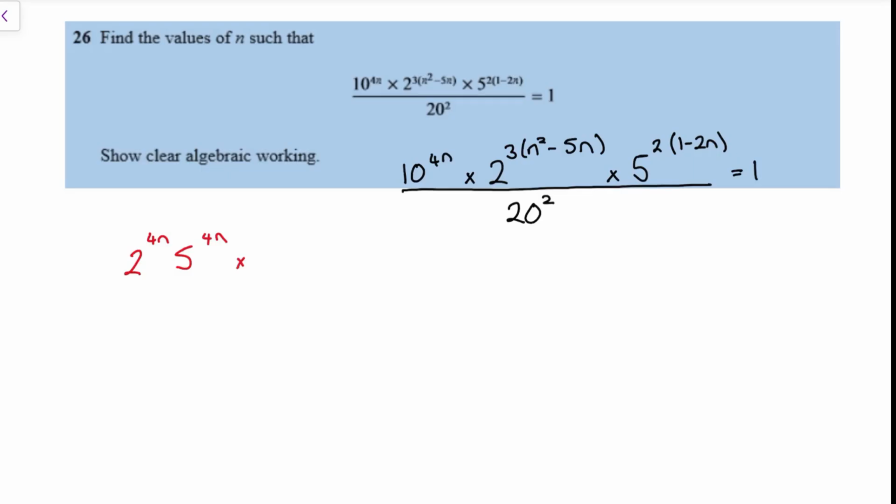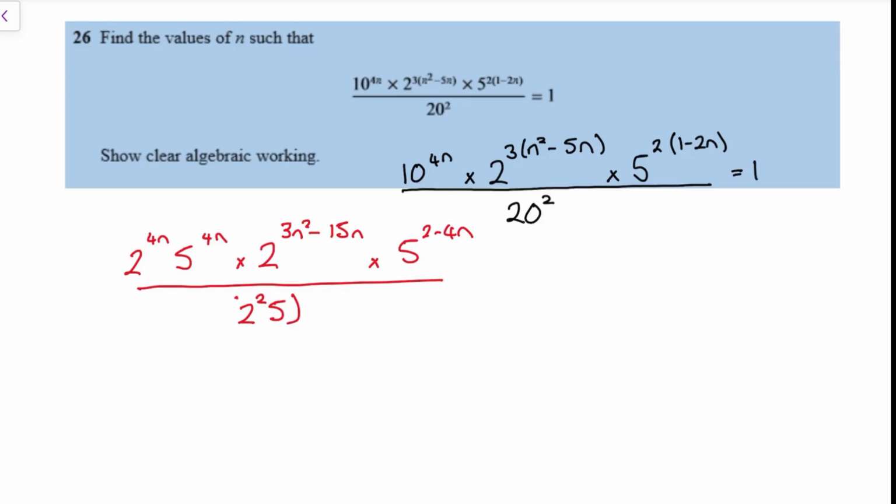Let's expand this: it's going to be 2 to the 3n squared minus 15n. And 5 times 2 to the 1 minus 2n, again let's expand the brackets, that's going to be 5 times 2 to the minus 4n. And all of that's divided by, well, I'm going to write this bit out because this is the bit that's easy to mess up. 20 is 2 squared times 5, and all of that is squared.